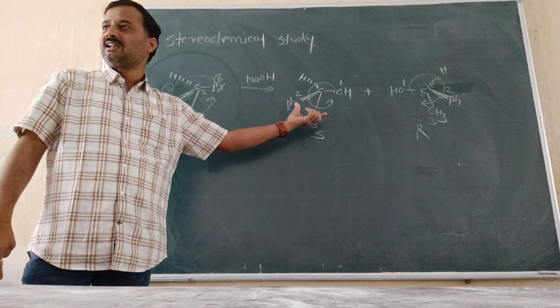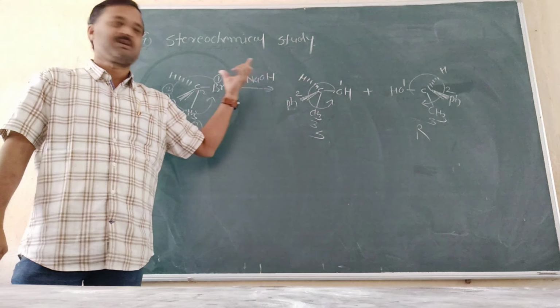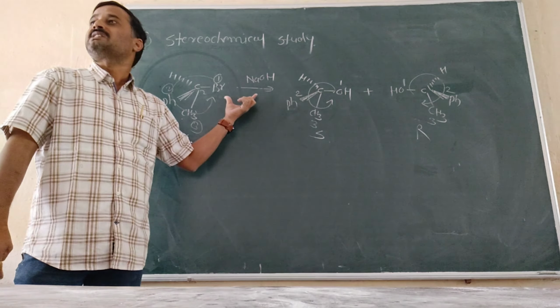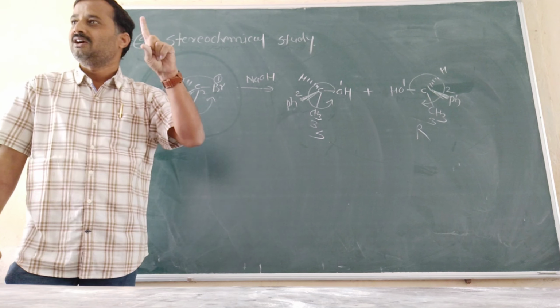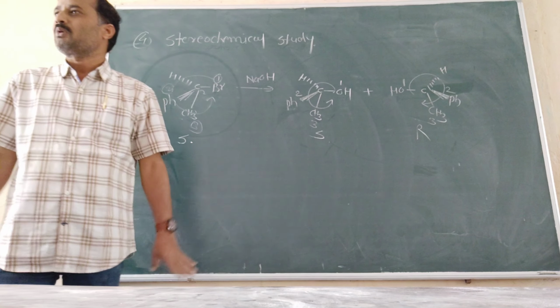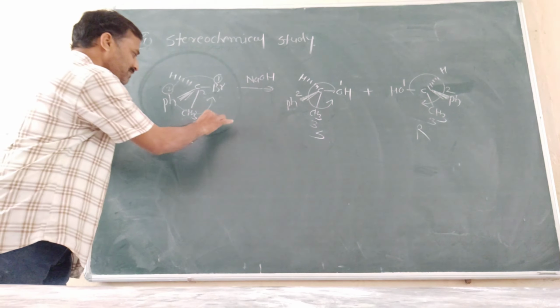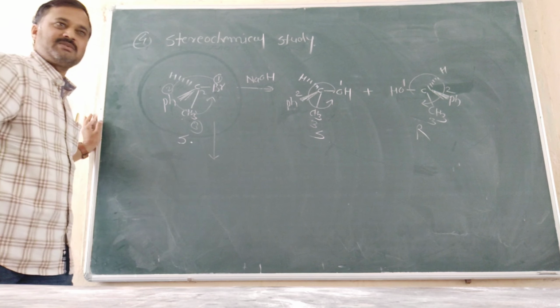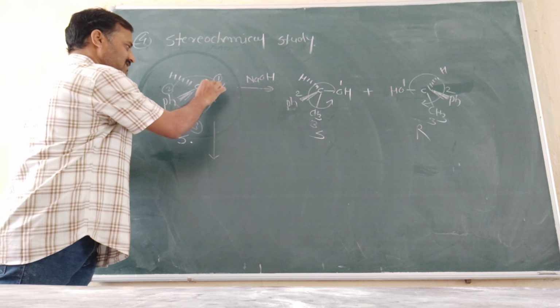We get 50% retention of configuration and 50% inversion of configuration. Therefore, this reaction follows SN1 pathway. And we know the mechanism of SN1 reaction. How does this SN1 reaction take place?